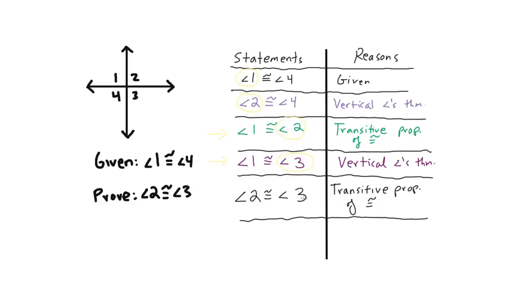Angle 2 is congruent to angle 3, and that is because of the transitive property of congruence. Since this is what we want to prove, and it matches our last statement, and we have a justification for it, then our proof is done.